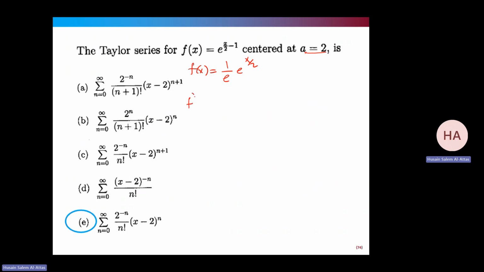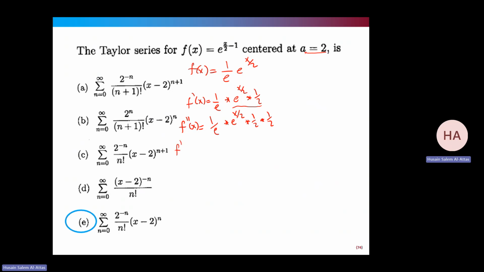Now f prime: 1 over e is just a number. This is e to the power x over 2 times half. Second derivative, just to see the pattern: this is 1 over e times e to the power x over 2 times half times half, since the derivative of x over 2 gives half.